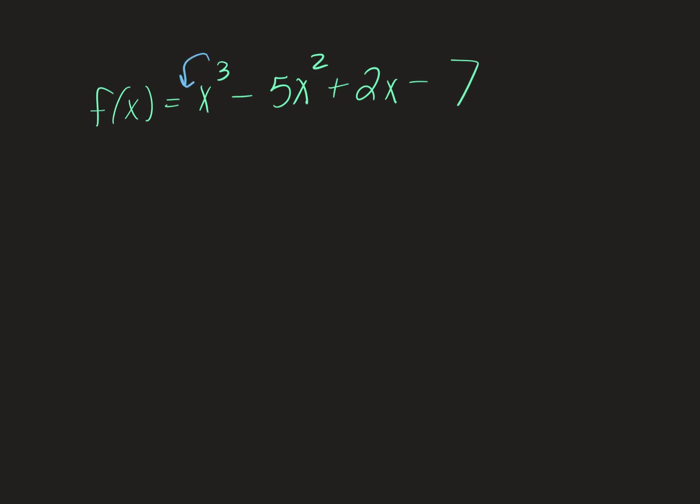Okay, so 3 comes in front. You get 3x to the second minus 2 times 5 is 10x. Sorry, plus 2, and then the 7 goes away, right? Because the derivative of x is just 1, so then 1 times 2.